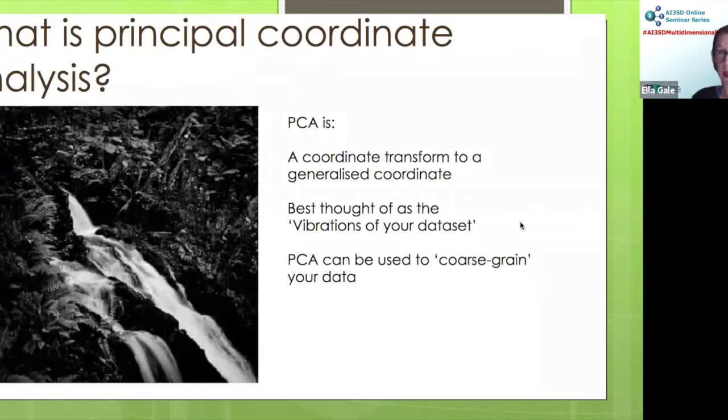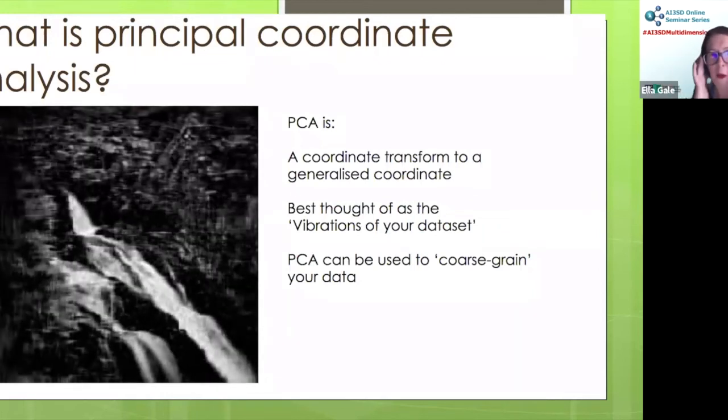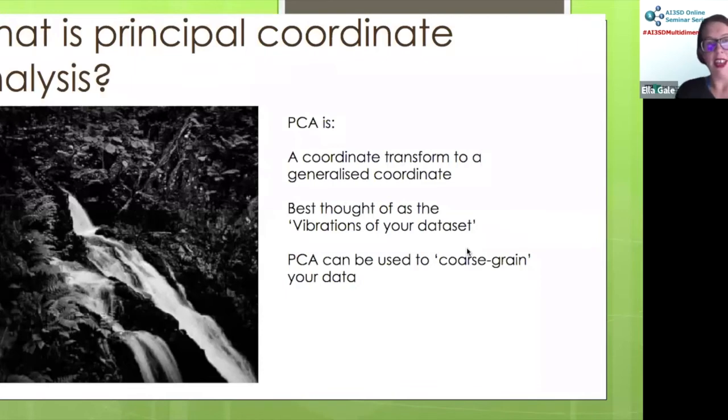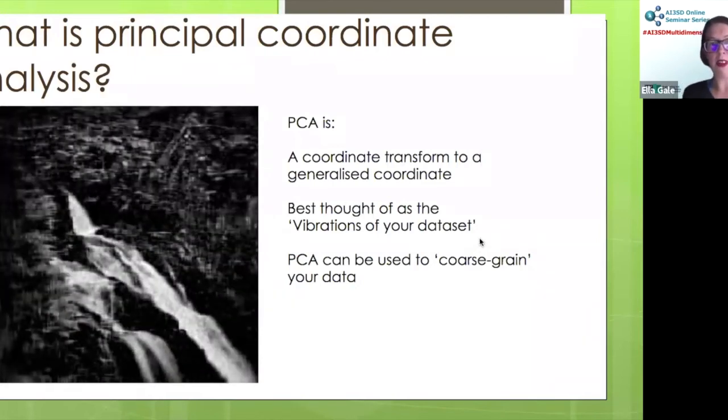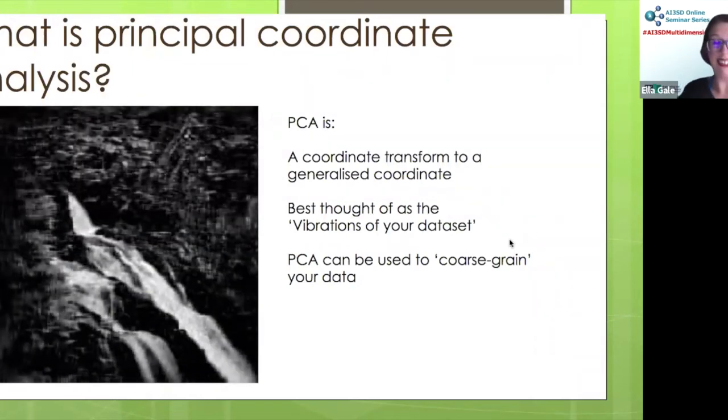That's all we're doing. We're trying to find out what are the vibrations of our data set. The technical term is that it organizes it into components, and the first component has the largest standard deviation or variance of your data set. The second one has the second largest, etc. But just think of it as vibrations.